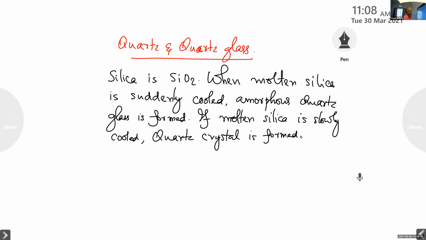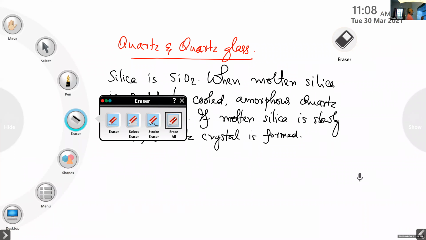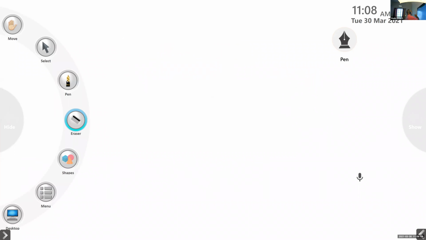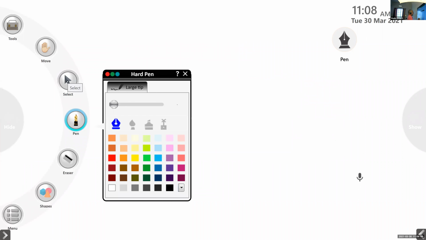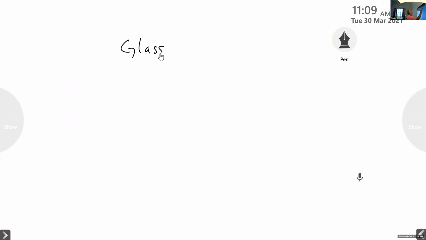Okay. Then the next point is about glass. So let us see two properties of glass. Simply write the heading glass.